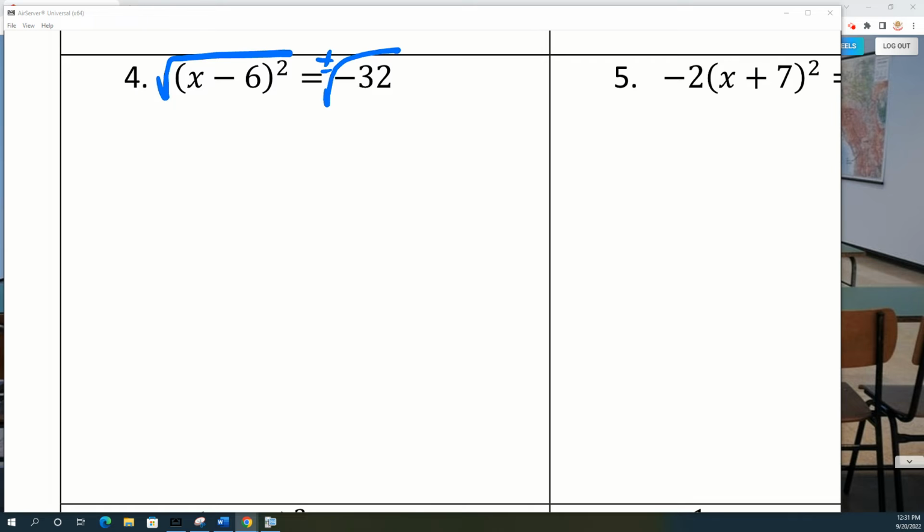Okay, so that square cancels, and we're just left with x minus 2, and we have our plus or minus. And then because this has a negative, I'm going to go ahead and pull out the i.